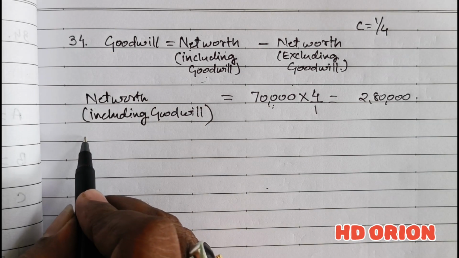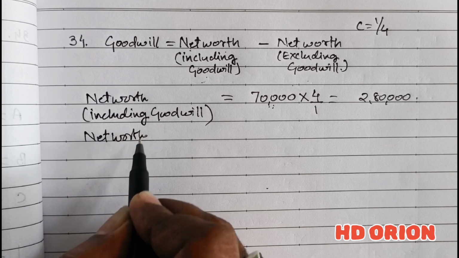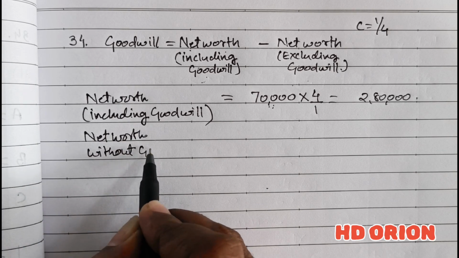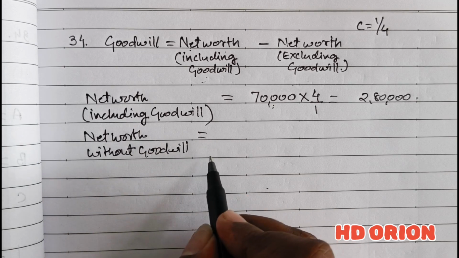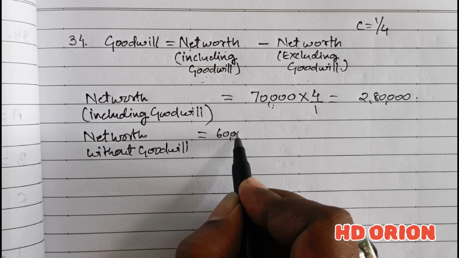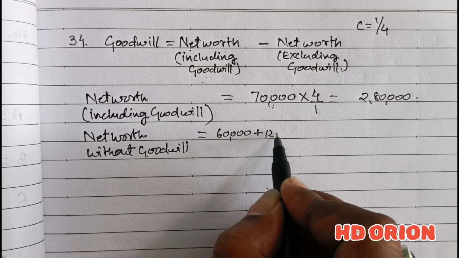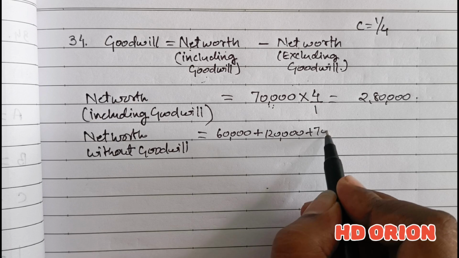Okay. Now we will compare it with net worth without goodwill, which is equal to A's capital plus B's capital plus C's capital. A's capital is 60,000, B's capital is rupees 1,20,000, and C has brought his capital rupees 70,000.